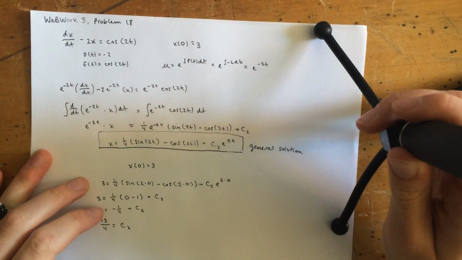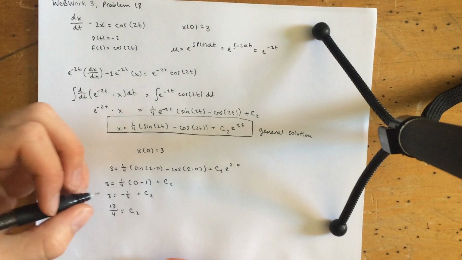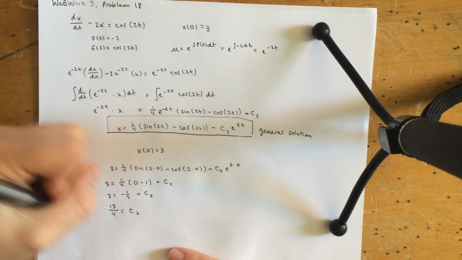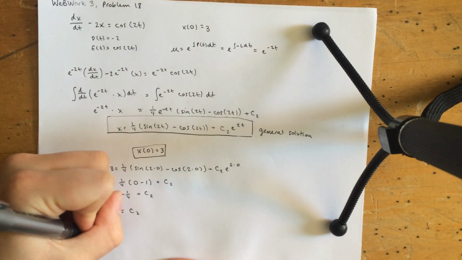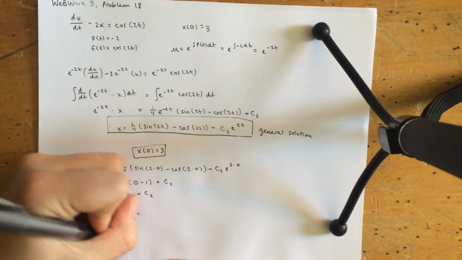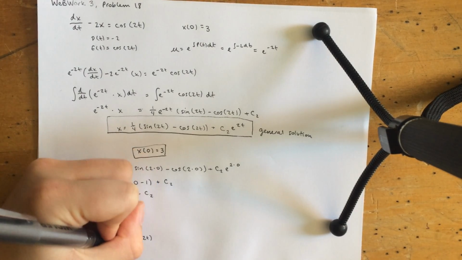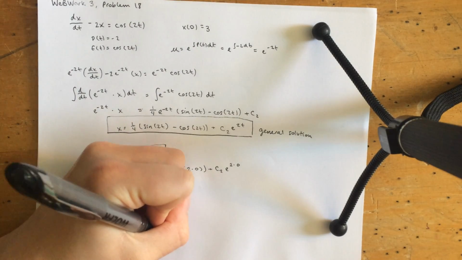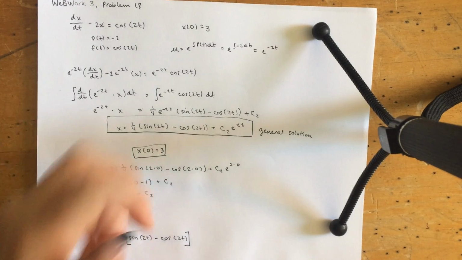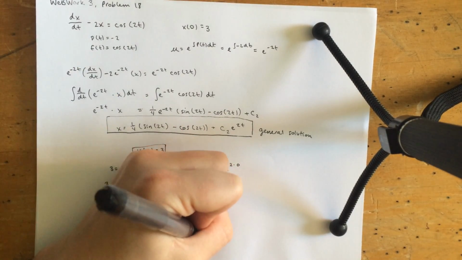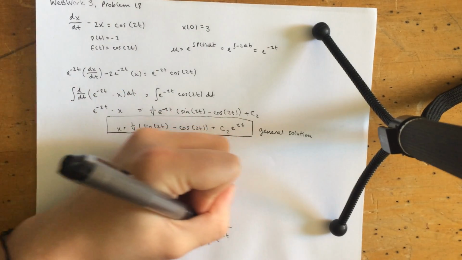So finally, if you want to plug this into the equation, at this particular value of x of 0 equals 3, we get the particular solution of x equals 1/4 sine of 2t, oops, forgot the brackets, minus cosine of 2t, plus, subbing in c, 13/4 e to the 2t.